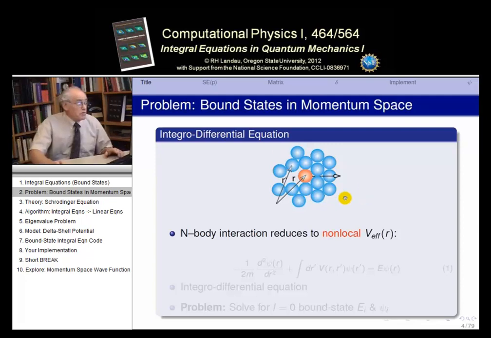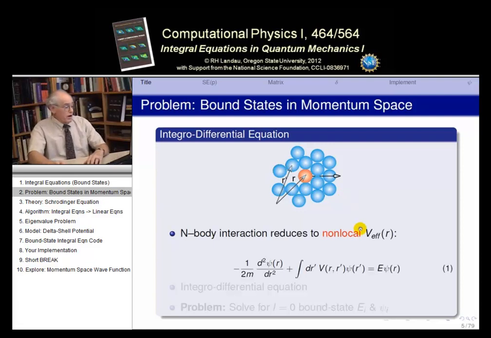So let's see. If you look more carefully here, look at equation 1. What you see in equation 1 says that it looks like the Schrödinger equation. This is just H times psi, right? Here's the kinetic energy term, and here is the potential energy term. Fine.